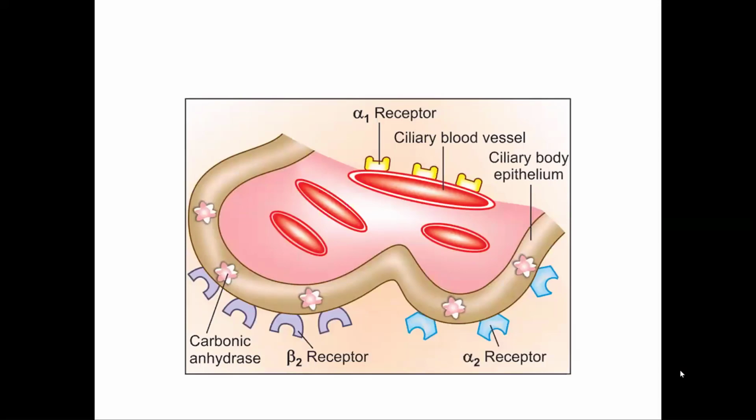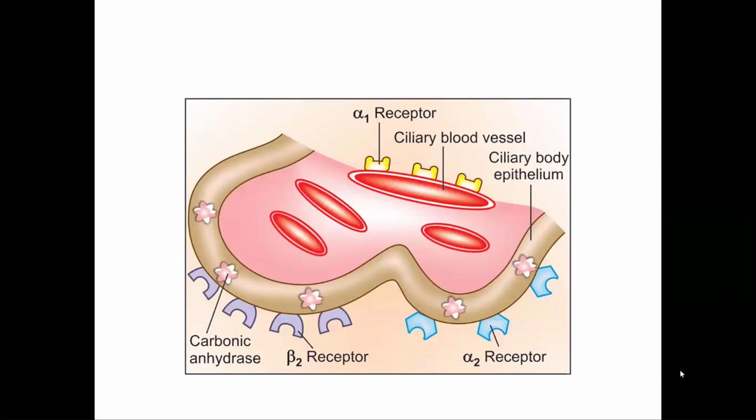So beta blockers are used for the treatment of open-angle glaucoma, which decreases the aqueous humor production, which decreases the aqueous humor secretion.